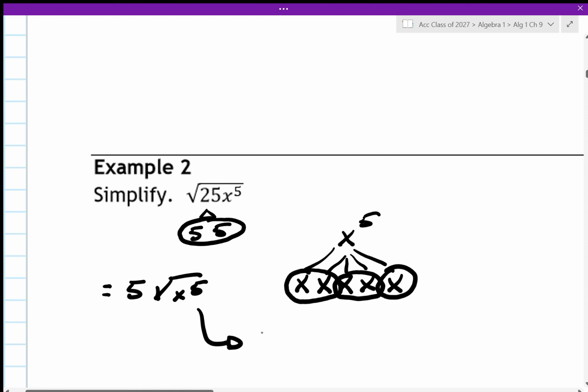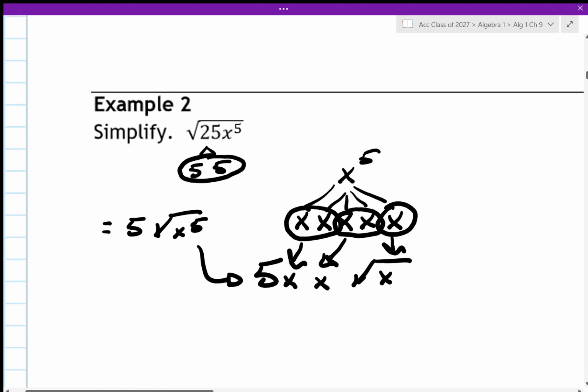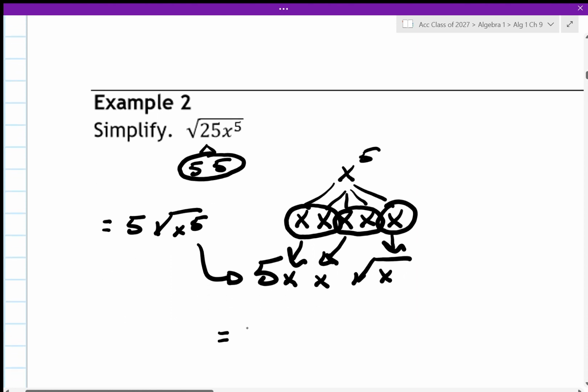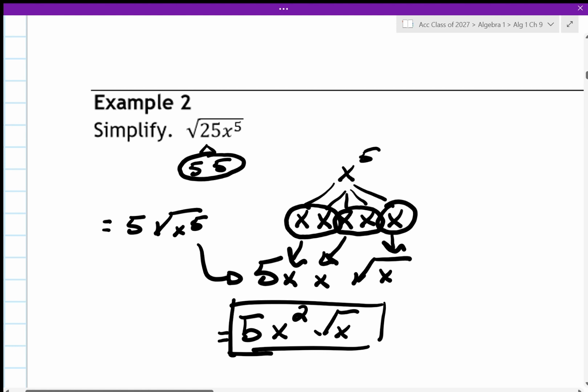So I had a 5 on the outside still. Then I have an x, I have another x, and then I have my root and I have my leftover x there. So prettying that up a little bit, I'm going to say that I've got 5x squared root x. And that's going to be my answer.